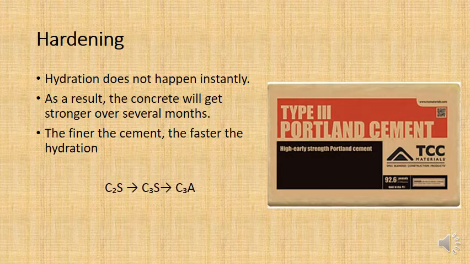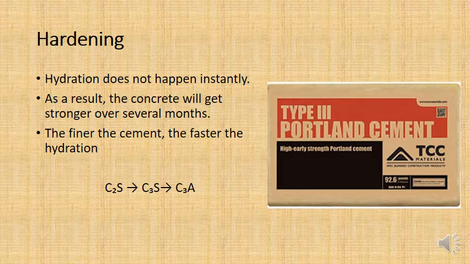But the other thing you've got to remember is that with Portland cement, you've got the different types, type 1, type 2, type 3, and it goes up to type 7, I think. But they will all have different proportions of dicalcium silicate, tricalcium silicate, and tricalcium aluminate.